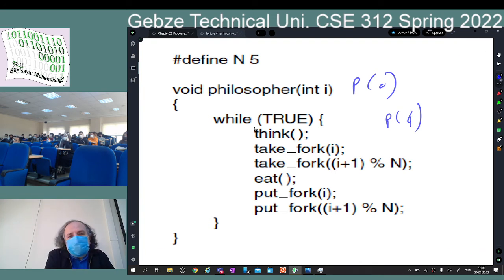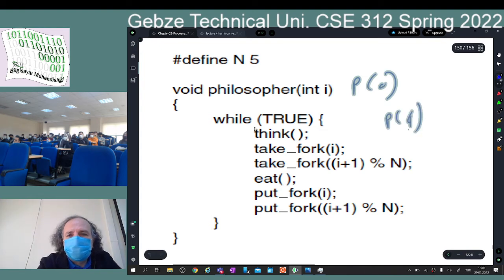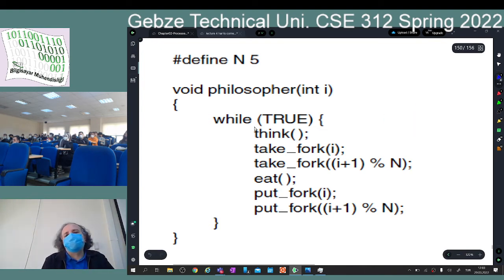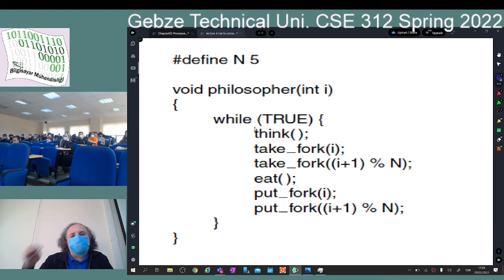So obviously there is a race condition. Why is there a race condition? If everybody is running the same algorithm, this will happen. Suppose all of them are running, from P0 to P4.